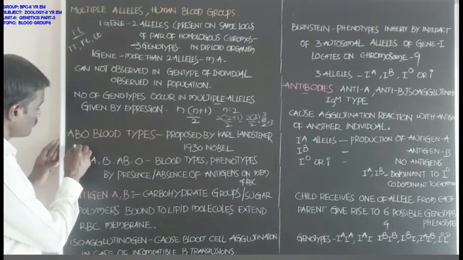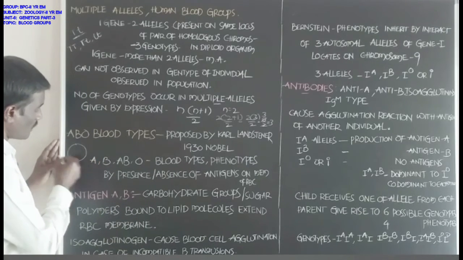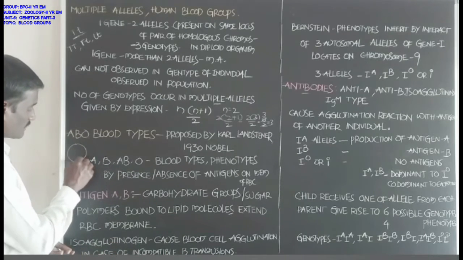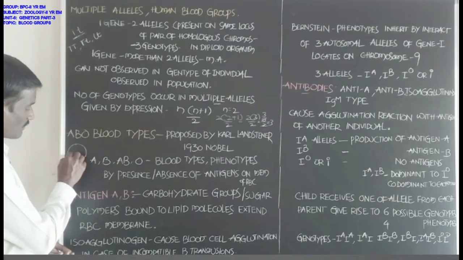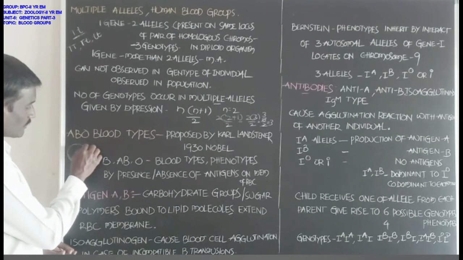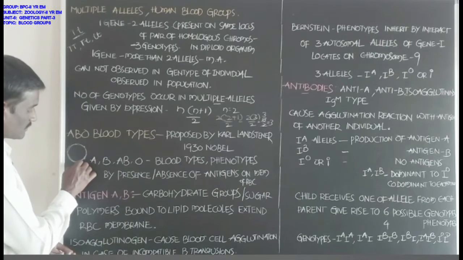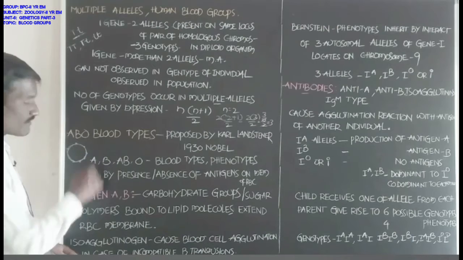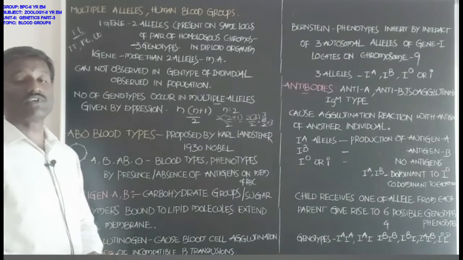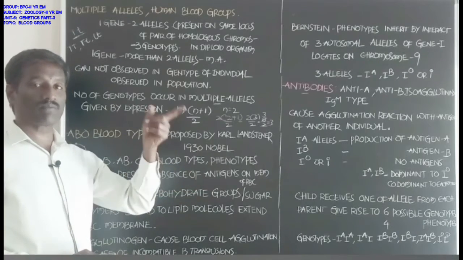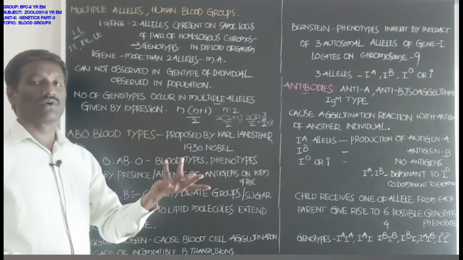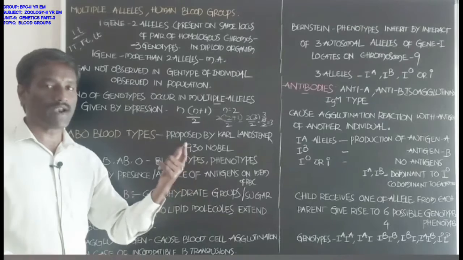Students, if you observe the membrane of the red blood cell, it shows antigens. These are the antigens present on the membrane of RBC. Whichever type of antigen is present on the RBC gives the different types of blood group.